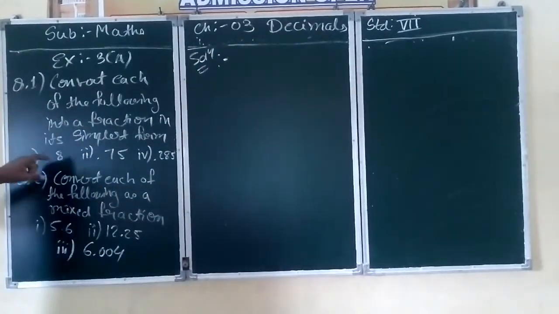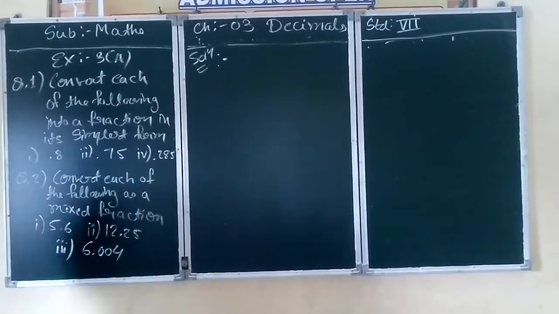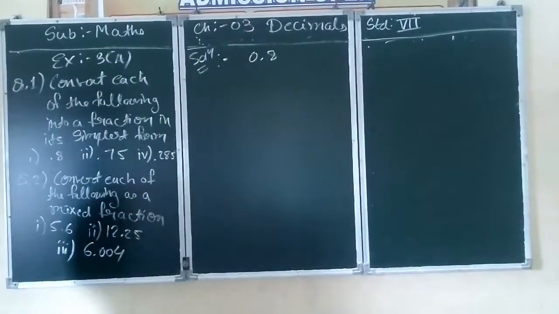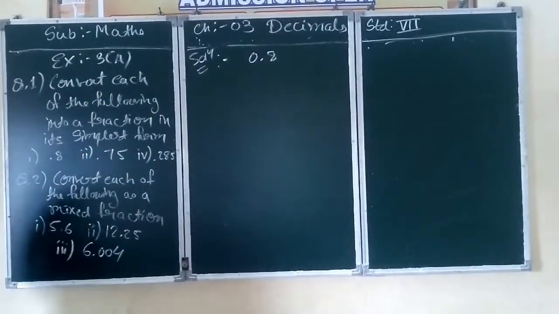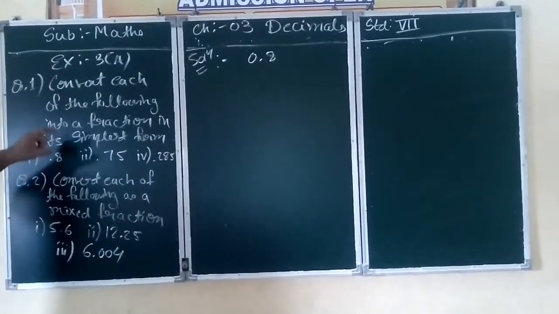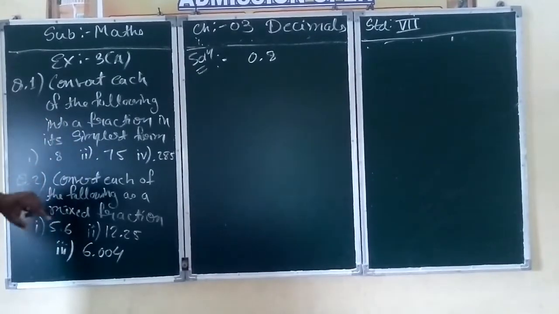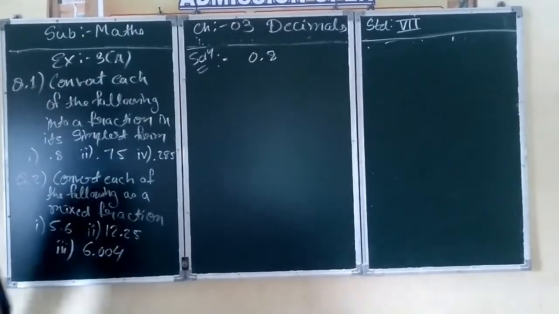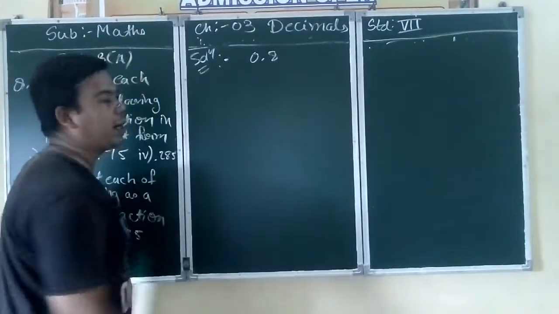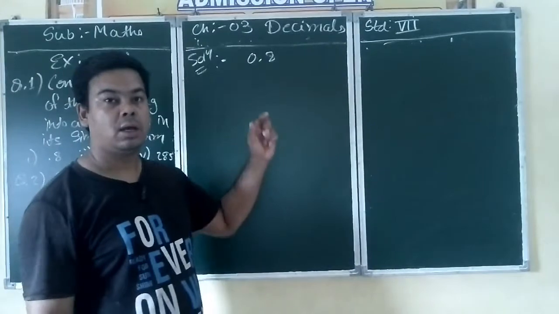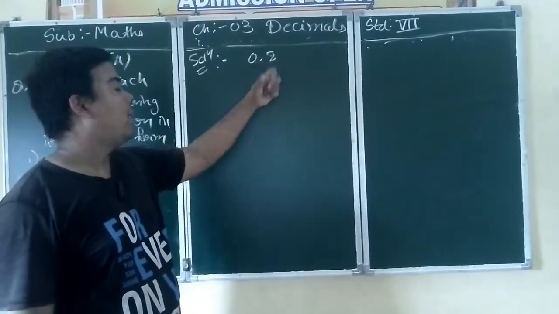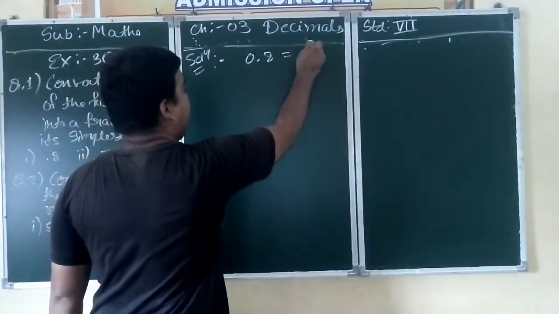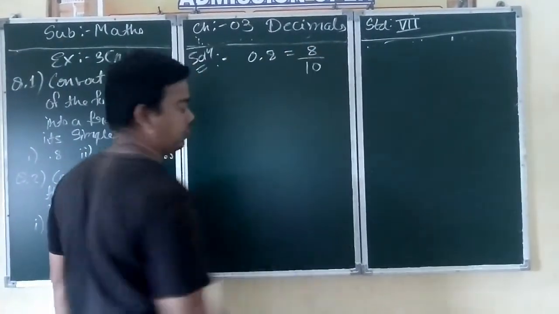This is a decimal number, 0.8. What method is used to write a decimal number as a fraction in simplest form? In 0.8, after the decimal point there is only one digit, the tens place. So we write 8 by 10.